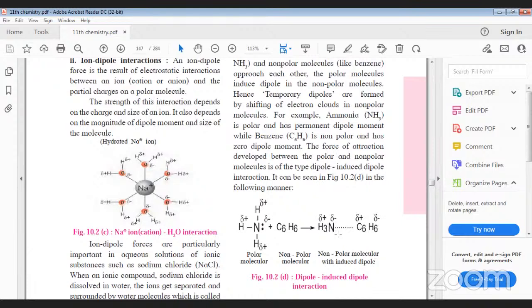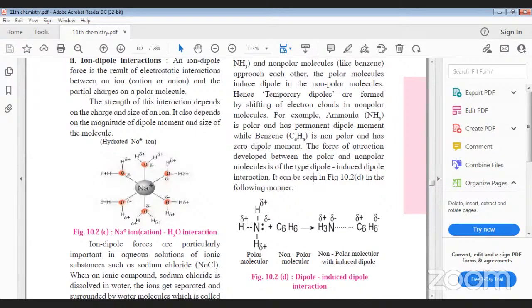This temporary bond forms, and due to it, carbon is positive now and hydrogen is negative. So as I was telling you, the force of attraction developed between the polar and non-polar molecule is a type of dipole-induced dipole interaction, and it is shown here. This is the way we have to represent it.